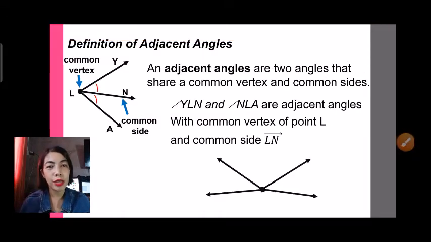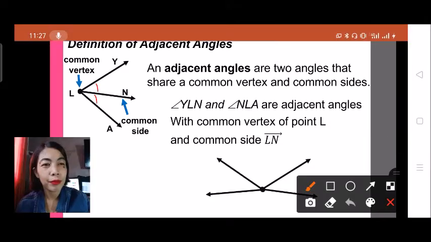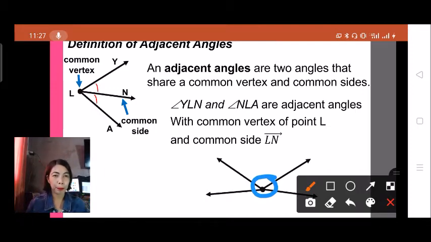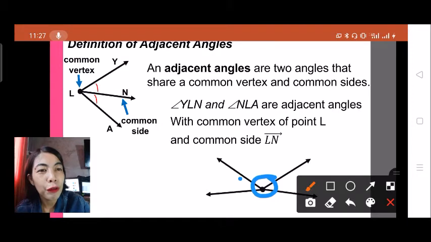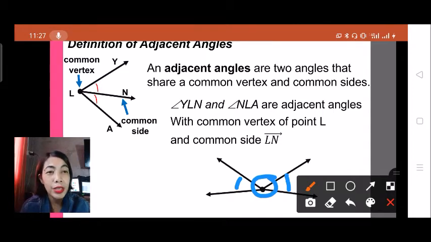Okay, look at this figure. Can you say that this is adjacent angle? Meron silang common vertex. May common vertex sila. Pero ito, dalawang angle. Ito yung first angle, ito yung second angle. Meron silang common vertex, pero magkaiba sila ng side.